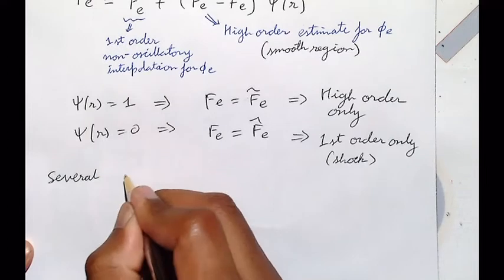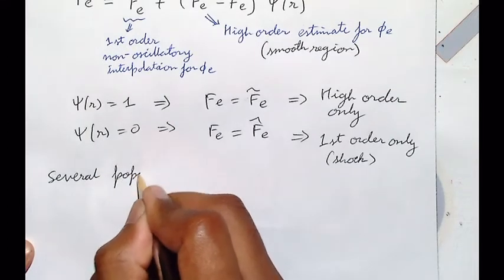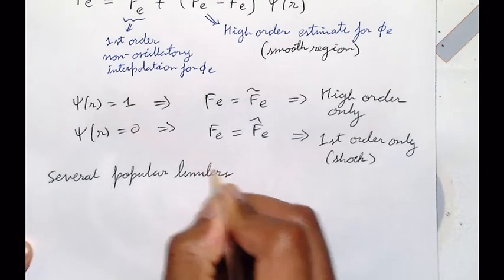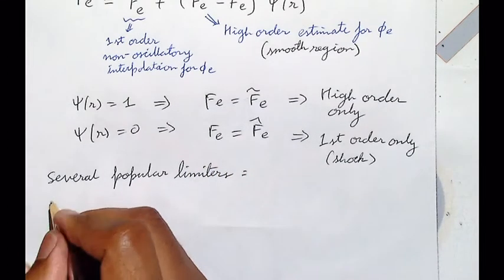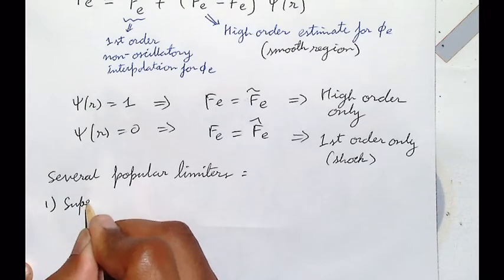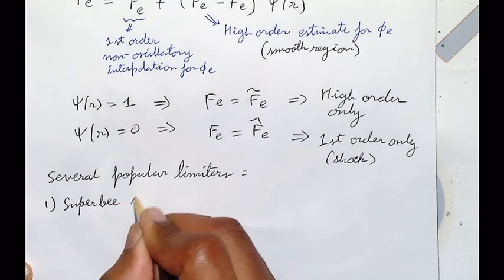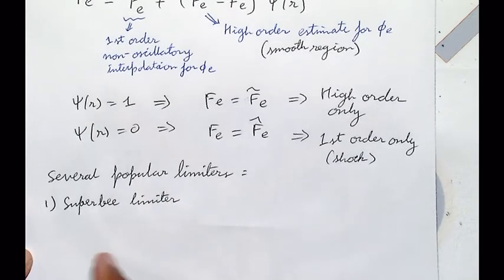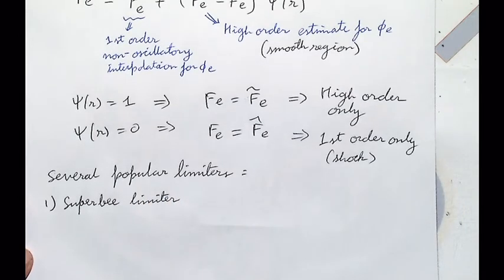Several popular limiters. One of the most used ones is called the Superbee limiter. They should make a movie on this. Like they have Ant-Man, they have Batman, they should have a B-Man.